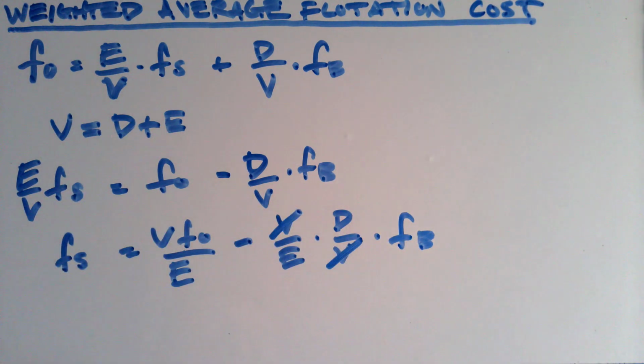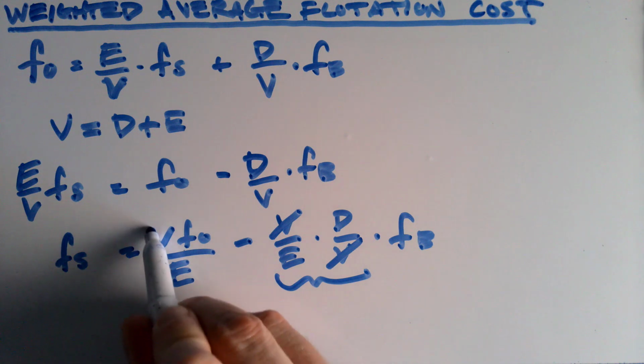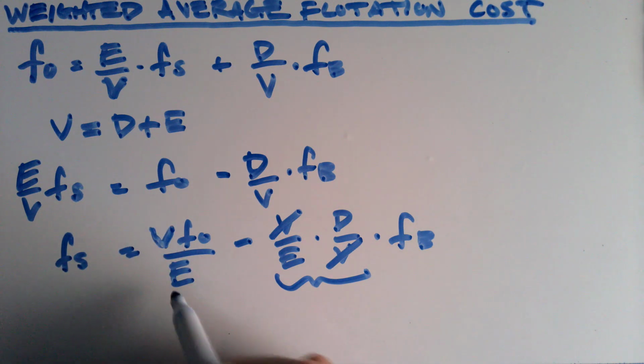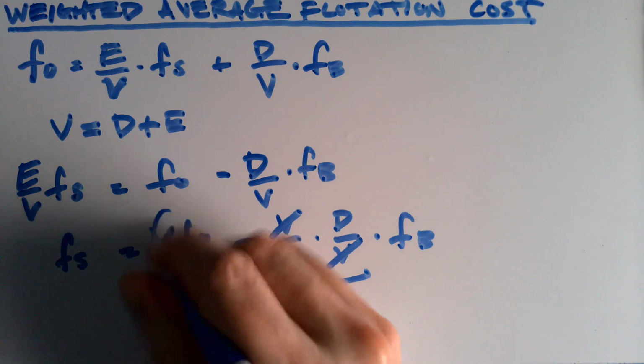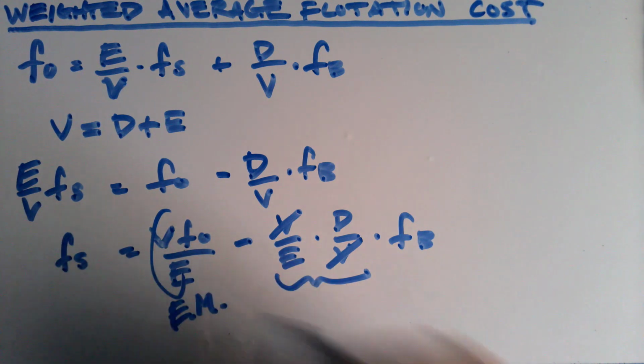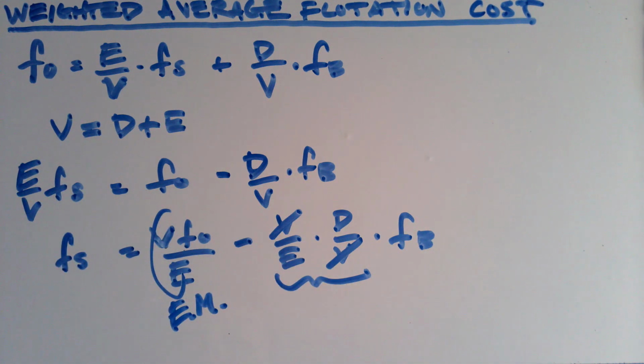Notice here that the V's cancel out and we are left with the debt to equity ratio. And over here we have the value divided by equity, which is actually just the equity multiplier. And so this is similar to when we were calculating the required return on equity.